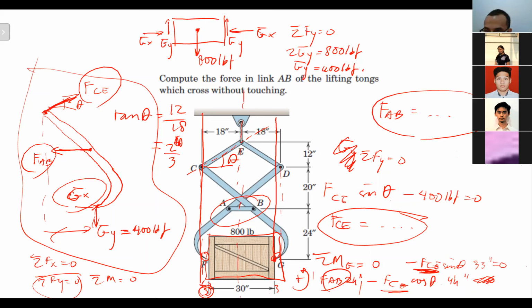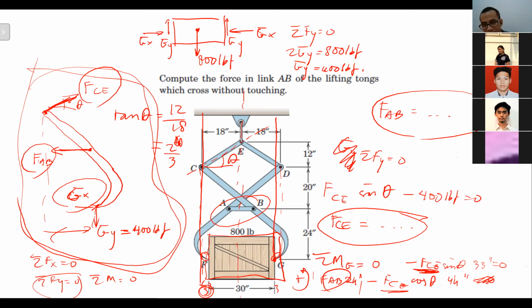if you use sigma Fx in this particular free body diagram, the not yet solved free body diagram, then you will not be able to find the value that you want from the beginning, because all the variables, Gx, FAB, FCE, have x components.